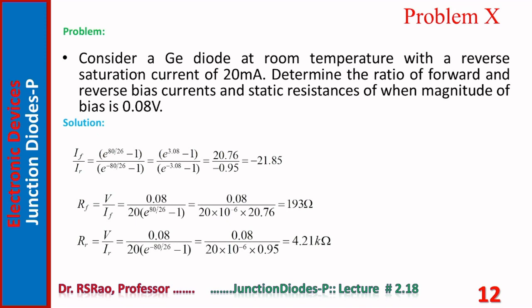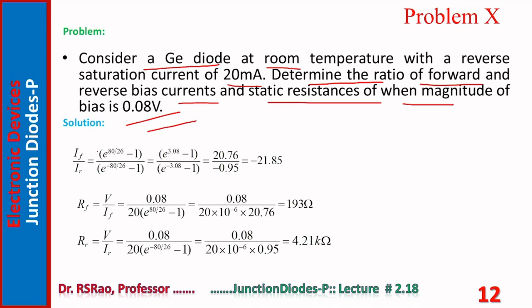Another problem: consider a germanium diode at room temperature with a reverse saturation current of 20 milliamperes. Determine the ratio of forward and reverse biased currents and static resistances when magnitude of bias is 0.08 volts. Solution. Simply consider the ratio of forward current by reverse current.